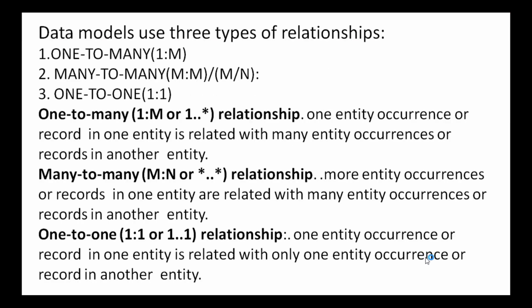And the next important component is relationship. Okay, so the data model uses three types of relationships. So what is a relationship? A relationship is nothing but an association among the tables in the database.